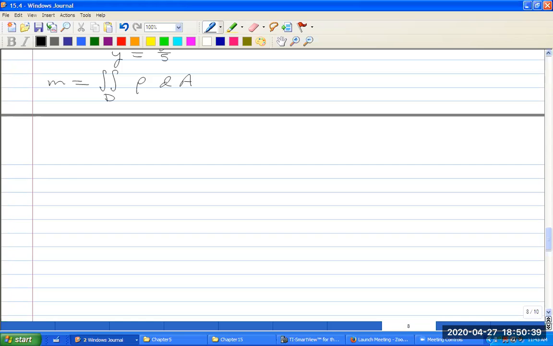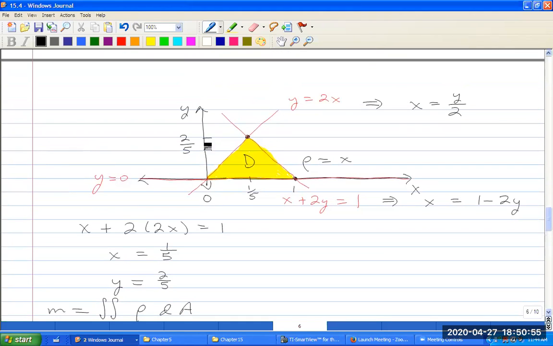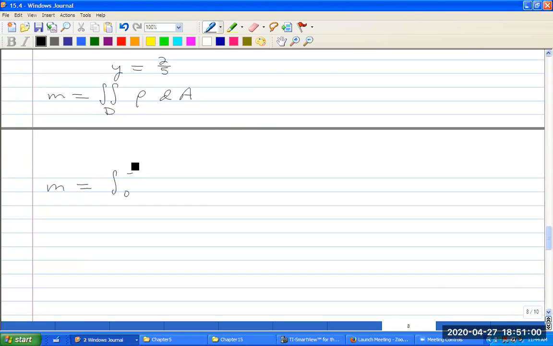There it is, finally. So we're going from 0 to 2/5. By the way, rho is just x, and I'm going to do a dx dy.